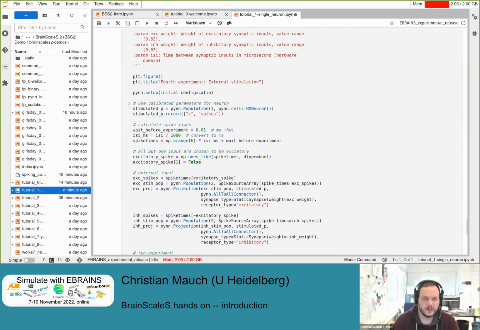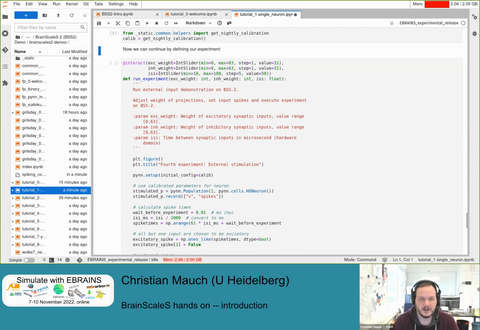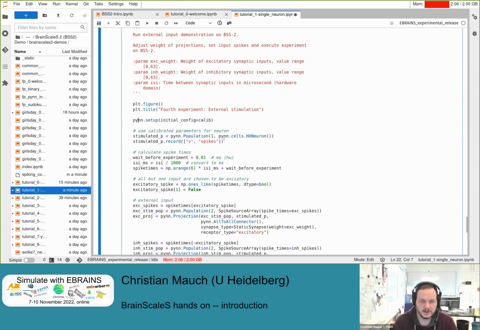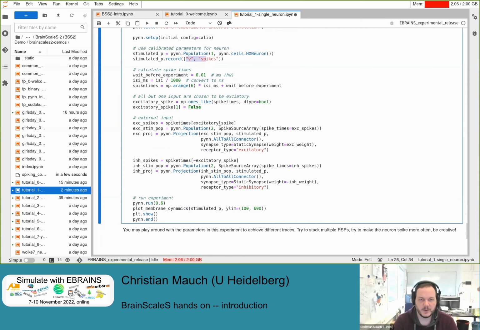You can apply this calibration via Pine in the setup state: in Pine setup, you specify which calibration you want to use, and it is then automatically applied to all the neurons that you create in such populations. Again, here we just want to look at one neuron. We record voltage and spikes, and then we provide some spike input.